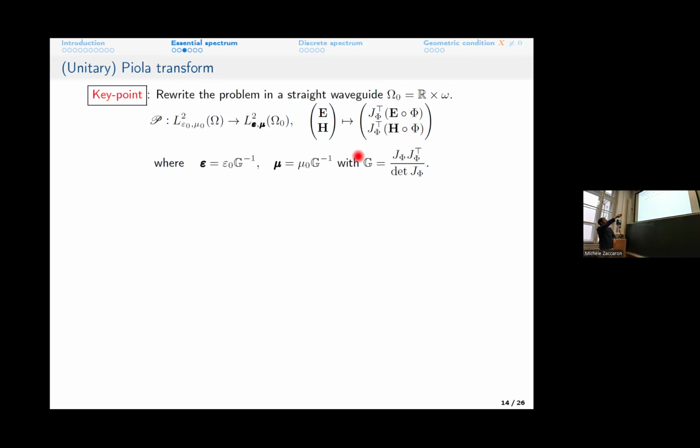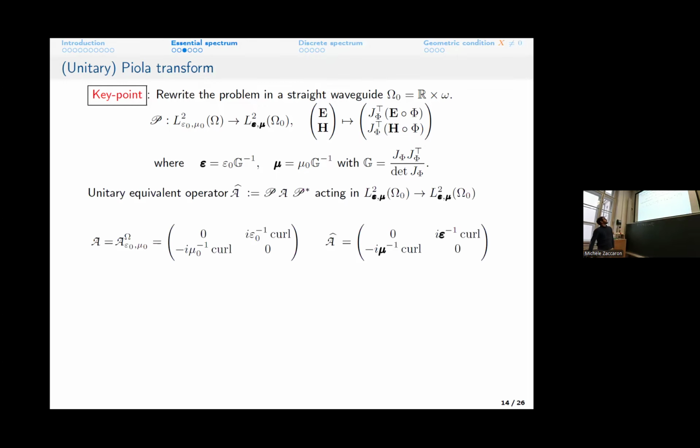Here, J phi is the Jacobian of the diffeomorphism phi. And epsilon and mu, the new epsilon and mu, here in bold, are basically G to the minus 1, where G is this matrix here, a symmetric positive matrix constructed with the Jacobian of the diffeomorphism. We obtain an operator A hat.